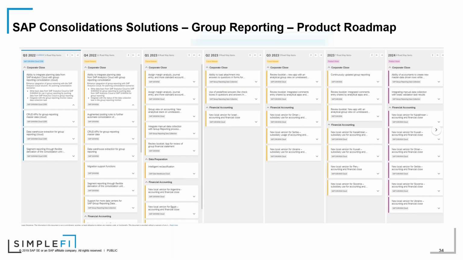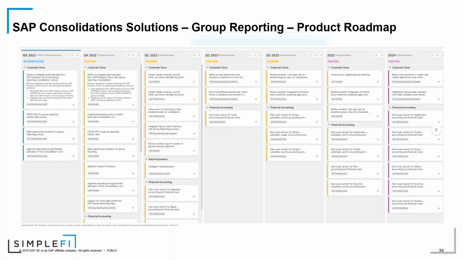That capability for the group reporting cloud version was just released a couple of weeks ago. So my next webinar will walk you through that retraction from SAC back into group reporting.